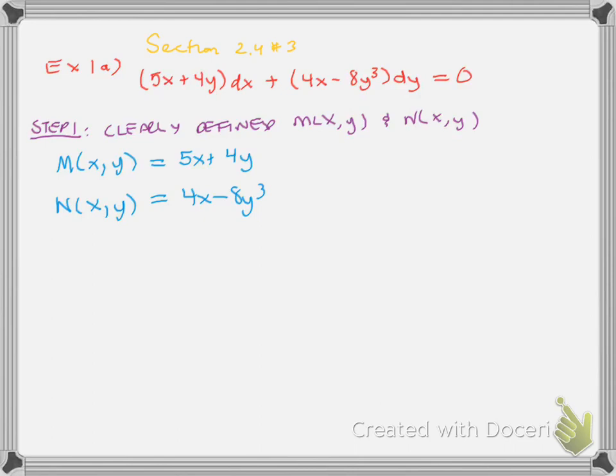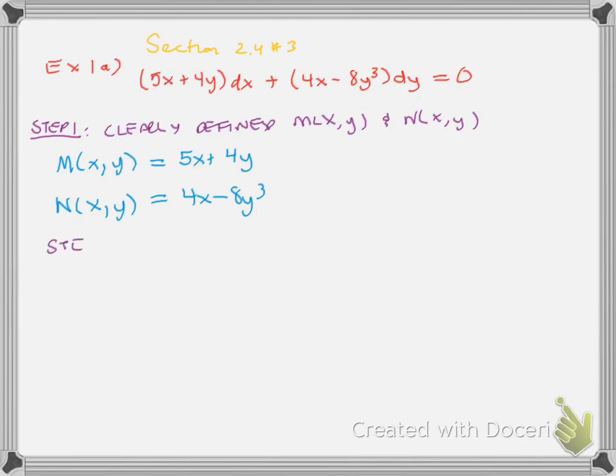Whenever possible, try to create steps for yourself when going back over your notes, because a systematic way to solve these will help you retain them, even if you don't write down step 1, step 2 on an exam or quiz. Step 1: let's clearly identify our M(x,y) and N(x,y), which we did. And so that is step 1.